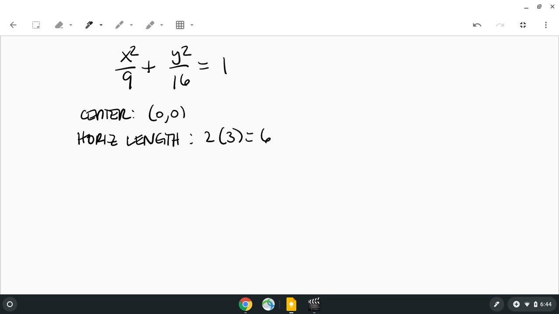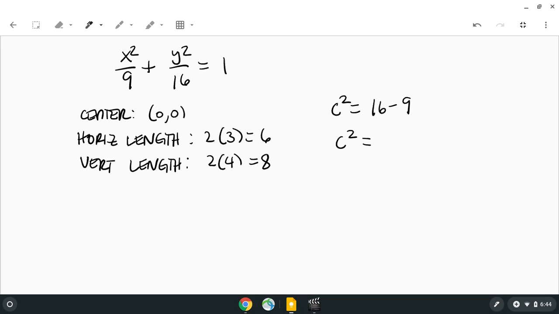And my vertical length is square root of 16, which is 4, times 2. And then my c squared is going to be the larger denominator minus the smaller one. So 16 minus 9. So c squared equals 7. So c equals square root 7.